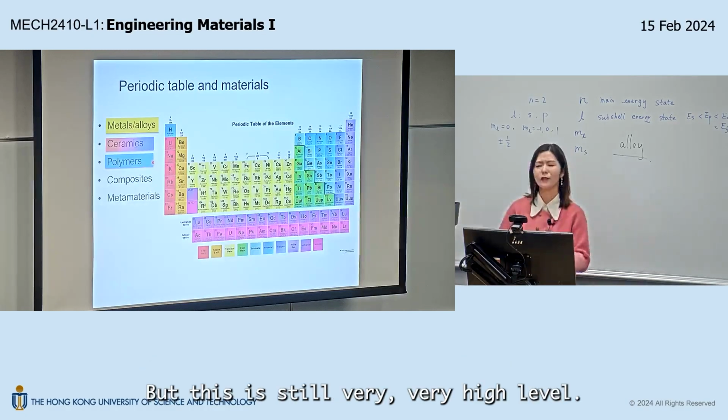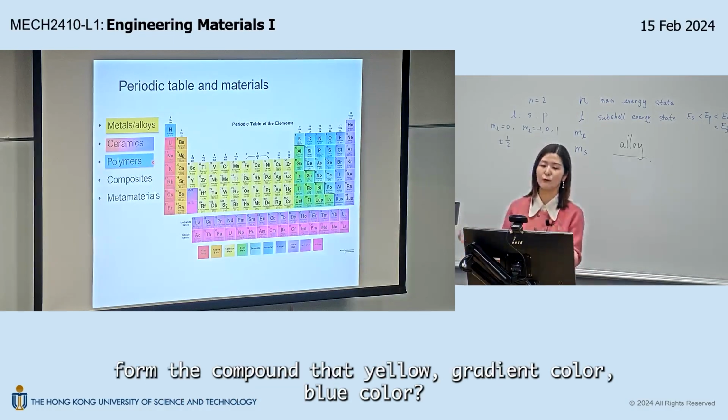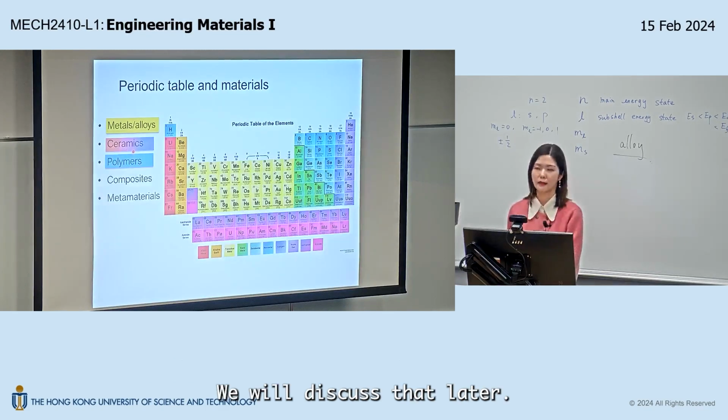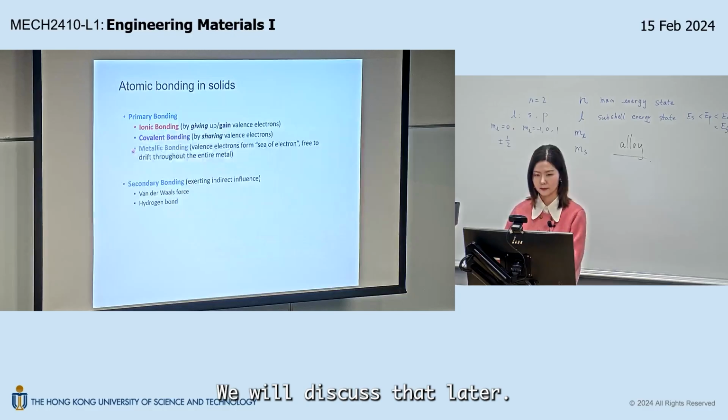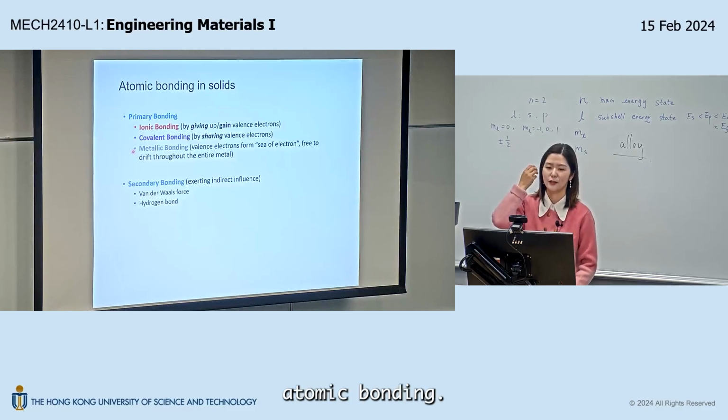But this is still very, very high level. So how do elements from different places form the compounds, like the yellow, gradient color, or blue color? We will discuss that later. So that really goes to the main point of this chapter, atomic bonding.